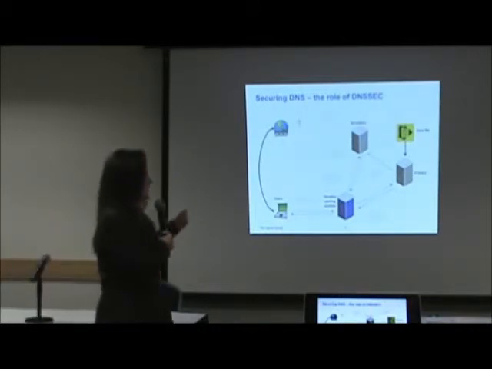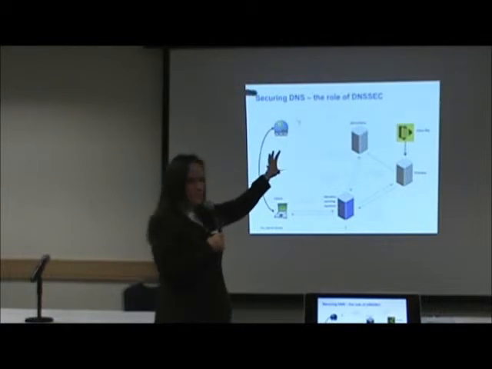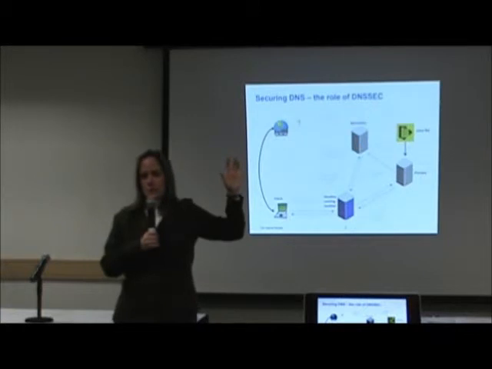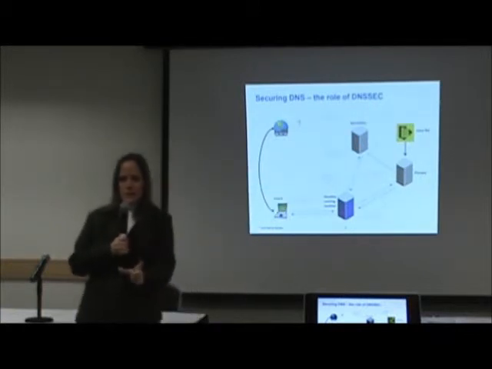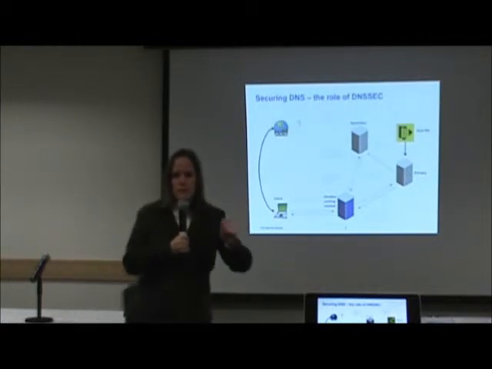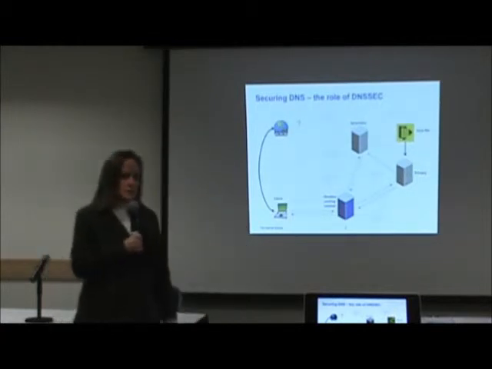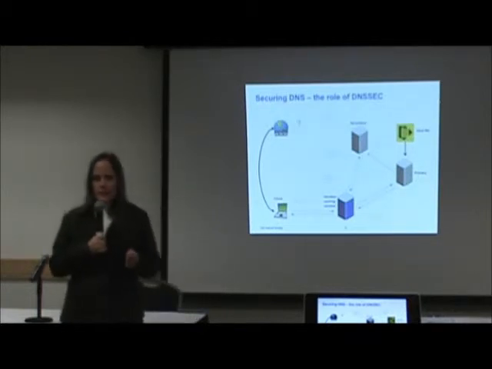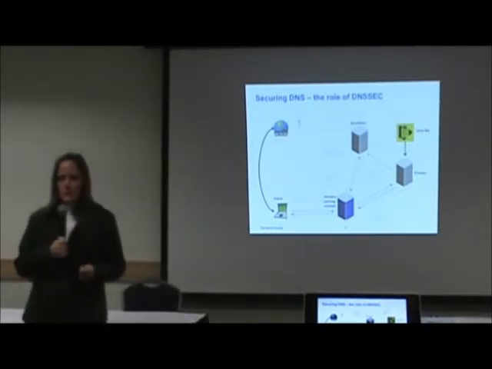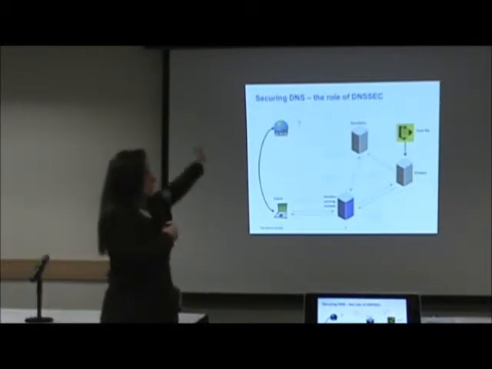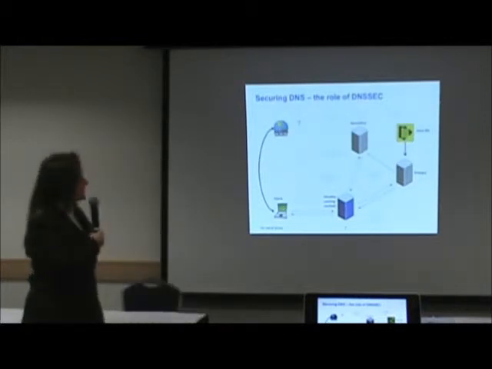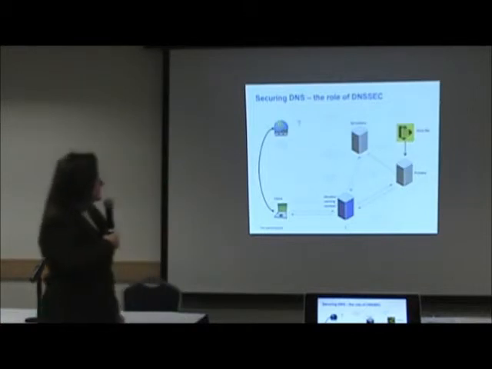Specifically, what it does is for the zone file, this is the information that you, the registrant, provide to say, when you get asked about www.isoc.org, answer with this IP address, it signs that, basically ties it up and says, you can verify that in fact the information that you are getting is what I, the registrant of isoc.org, wanted you to get. Whatever else is going on in this soup, you can be sure that this is what I wanted you to get. Next slide, please.